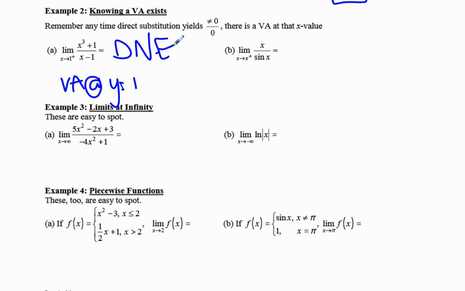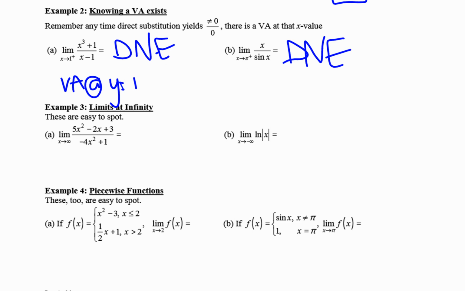It can't approach anything. All right, same thing over here. If we plug in pi on the top, we get pi. If we plug in pi on the bottom, however, we get 0. So we have a number over 0, so it does not exist.